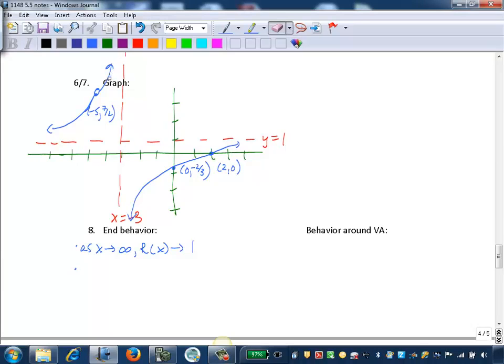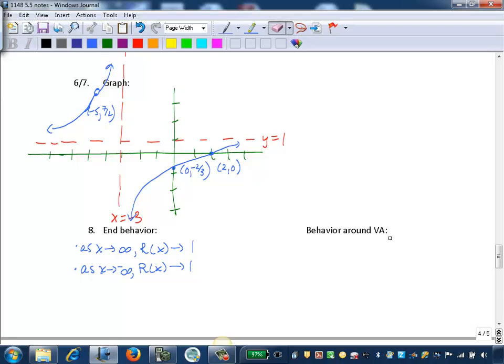Then if we trace along our left branch, again, we're flattening out. That y value is approaching that y value of 1 at the horizontal asymptote. So as x approaches negative infinity, r of x also approaches 1.